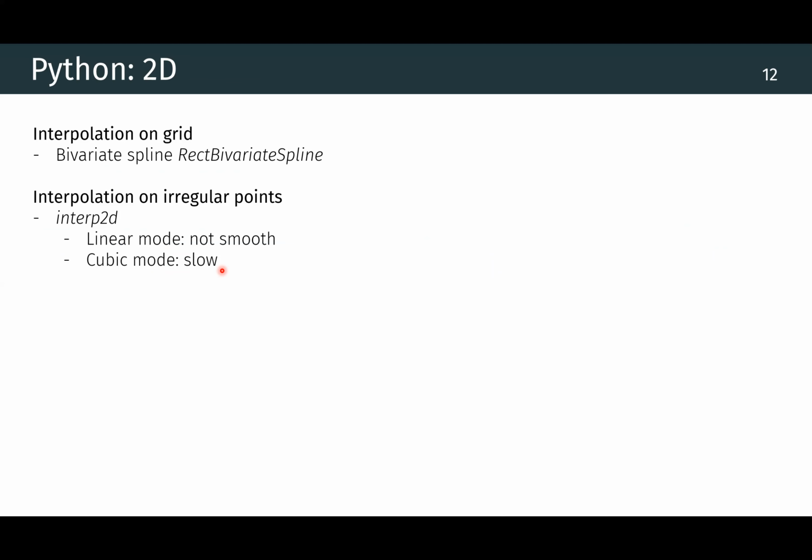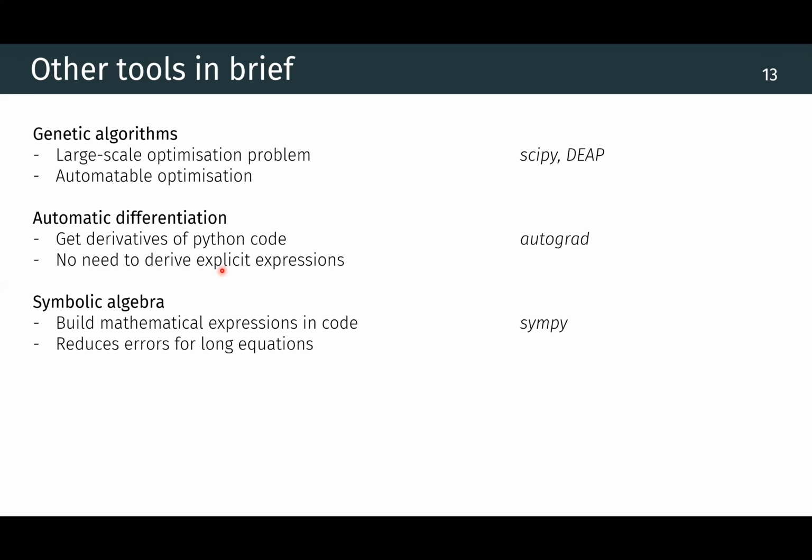This being the last lecture on the numerical part of the series, I would also like to mention a few other tools that might come in handy, or in other words, things that I would have liked to know about earlier in my work. And this is effectively 3 concepts.